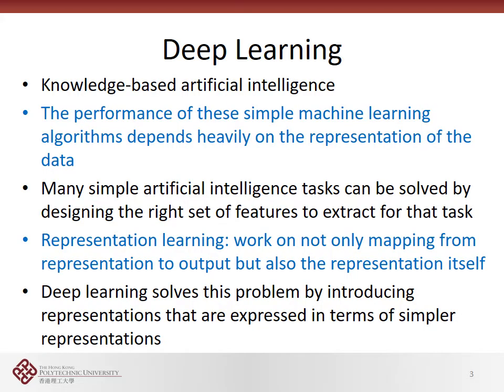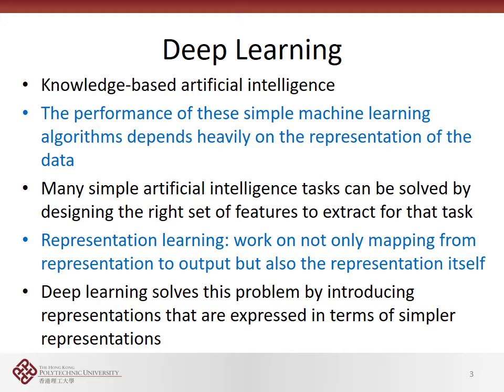Actually, in principle, the deep learning technique is a kind of representation learning technique. In the early stage of AI, most AI models were knowledge-based, that is, the model was designed based on the prior knowledge of human beings.